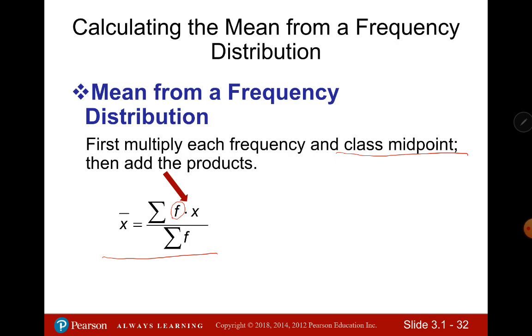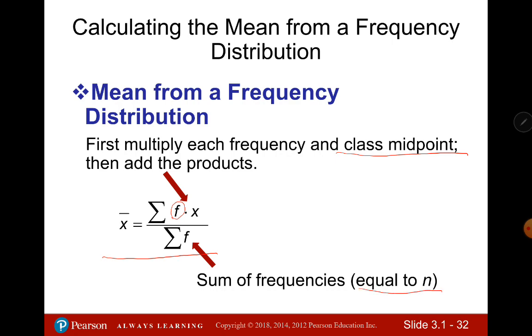So if we have 5 classes, we get 5 products first. Then we do the addition, get the sum of the 5 products, then divide by the total frequency. The total frequency is just the number of values. It's equal to n, right? So the total frequency is just n.